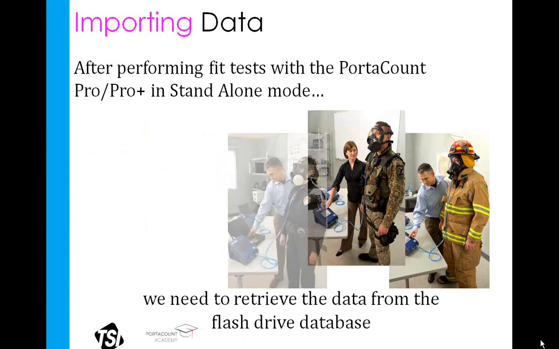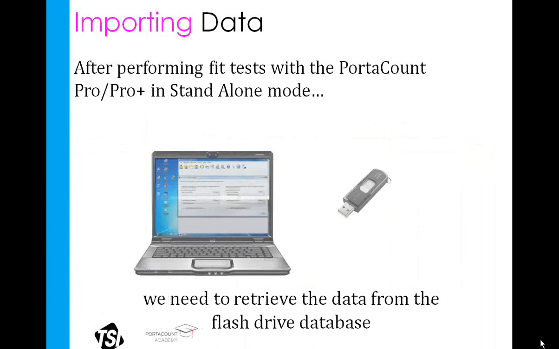Now we need to take that flash drive and we need to import the data into the FitPro software on our computer. And it's important to note that the main database or the primary method of saving fit test records should be to save them to the FitPro software. We do not want to use the flash drive database as our primary access to the fit test records.